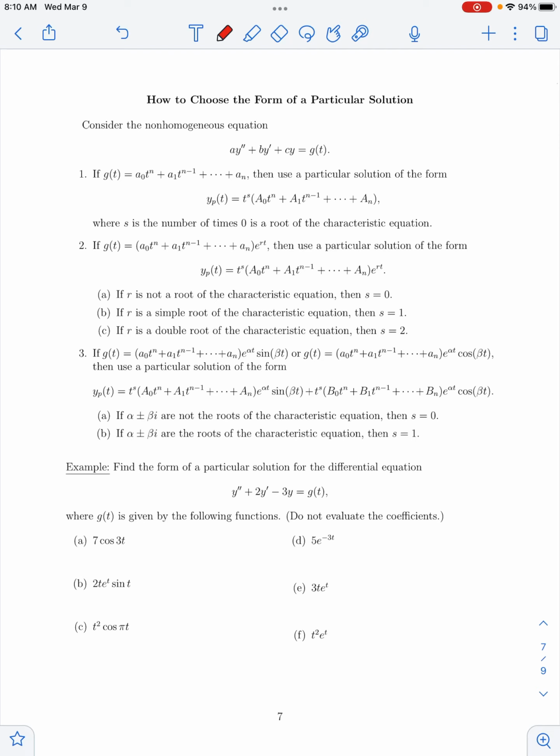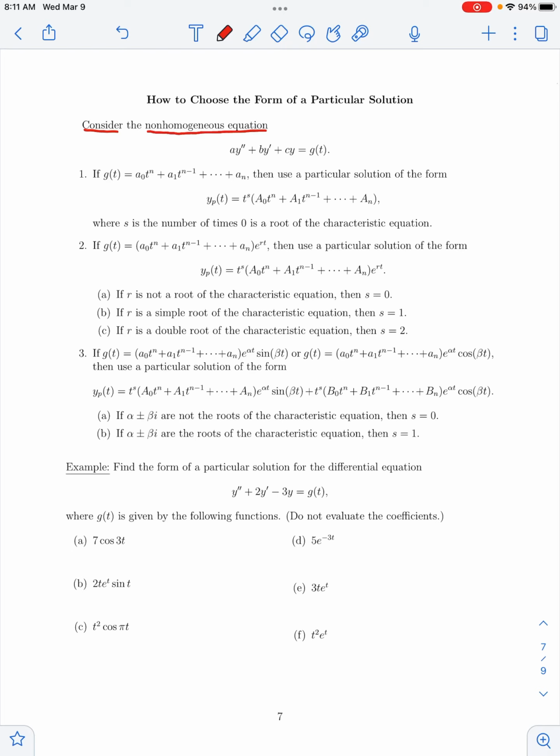So here we were considering a non-homogeneous equation of the form shown here, a second-order linear non-homogeneous equation with constant coefficients a, b, and c. Let's look at some different types of functions, g of t, for which we can use this method of undetermined coefficients.